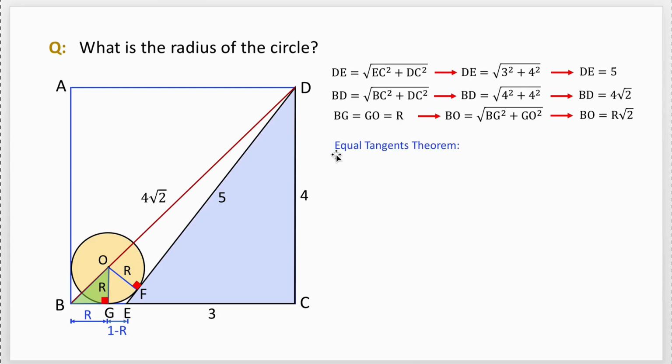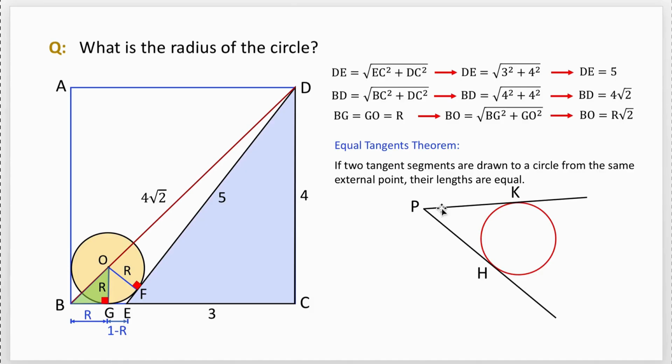of 2. From the equal tangents theorem, if two tangent segments are drawn to a circle like this from the same external point like P, their lengths are equal. That means PK equals PH.